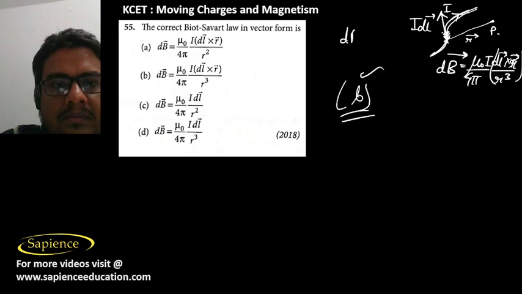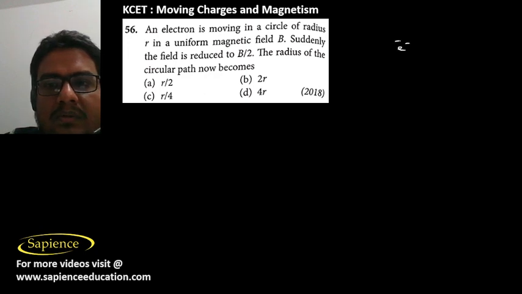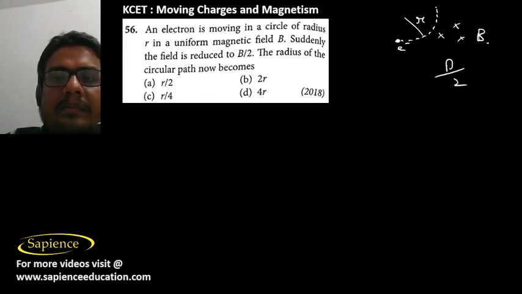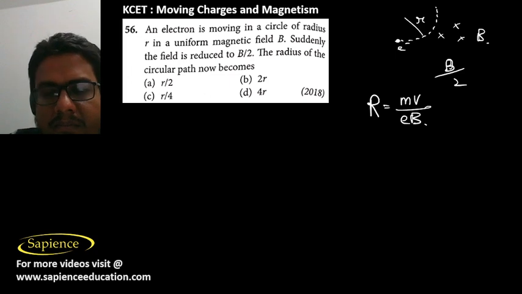Then question number 46 is told an electron is moving in a circle of radius r in a uniform magnetic field B. Suddenly the field is reduced to B by 2. The radius of the circular path now becomes how much? So the radius of the circular path in a uniform magnetic field is given as mv by eB.